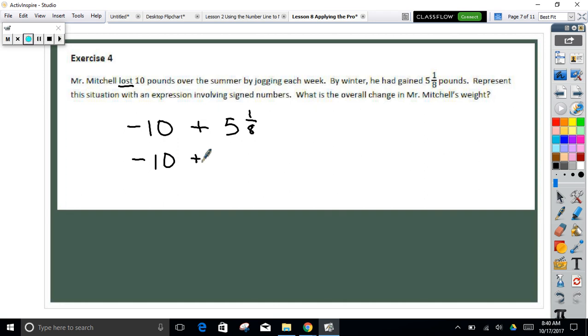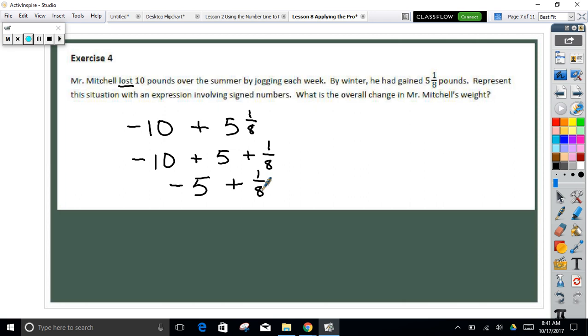Okay, so I'm going to do plus 5 plus 1/8. Now I can add my whole numbers together. Reagan, what do I get when I do negative 10 plus 5? Careful, signs are different. Negative 5. Different signs subtract, keep the sign of the larger number. So now we have negative 5 plus 1/8.